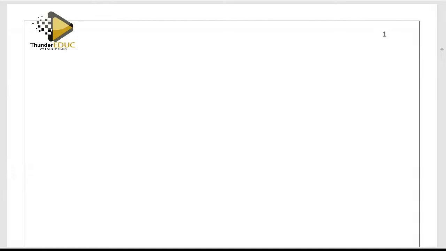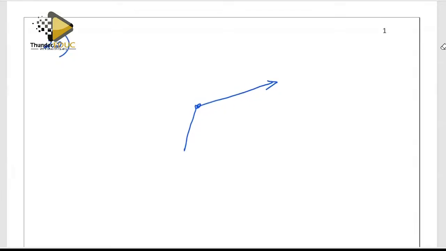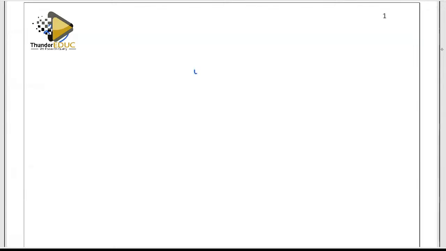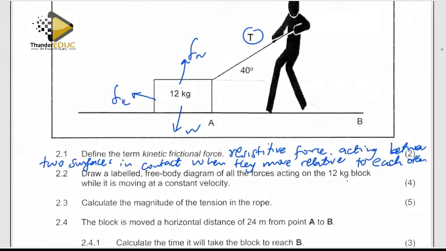Okay, so we say the tension is at an angle. And then we say the frictional force is going to be the Fk, and then we're going to have the normal force, Fn.